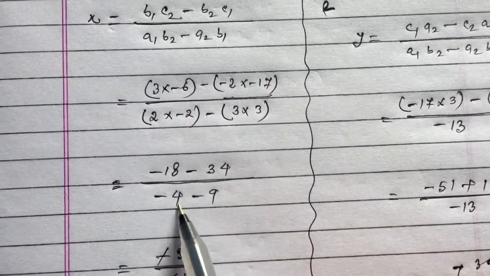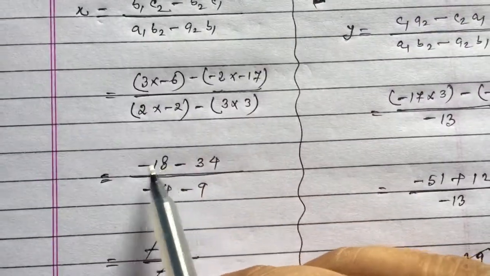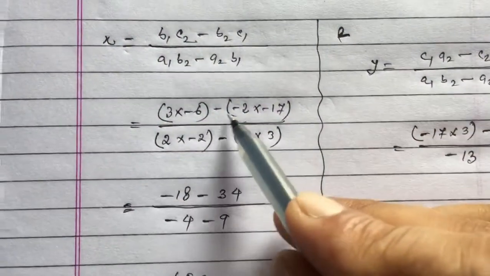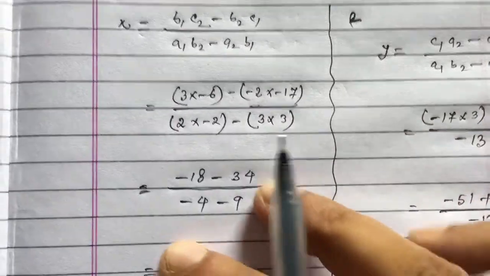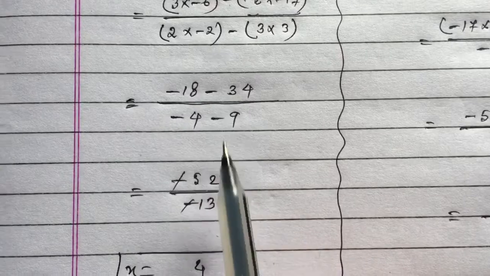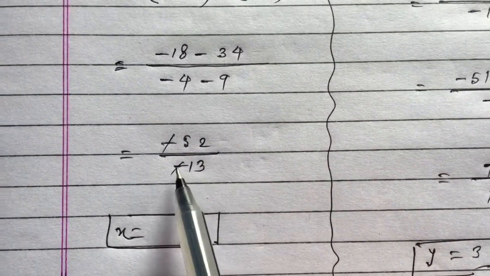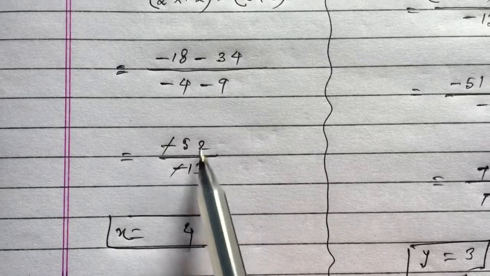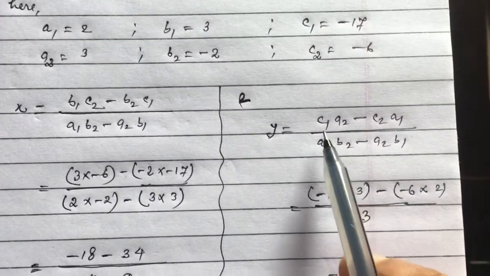So 2 2s are 4, minus 4. 3 3s are 9. 6 3s are 18 with a minus sign, and minus minus is plus, 17 2s are 34. So minus 18 and minus 34 is minus 52, minus 4 and minus 9 is minus 13. This minus minus cancels, 13 4s are 52, so x is 4.